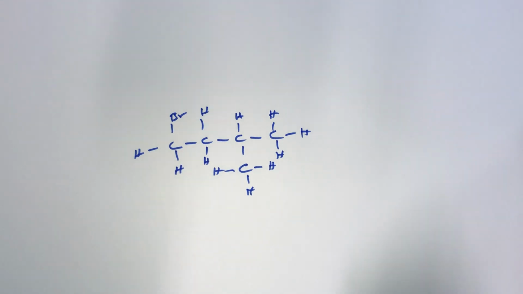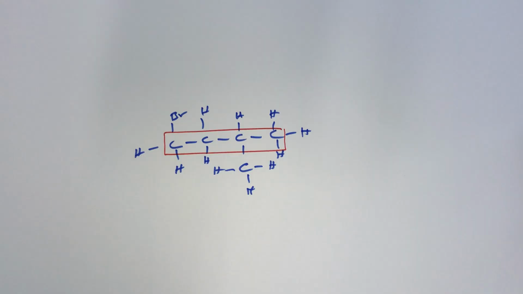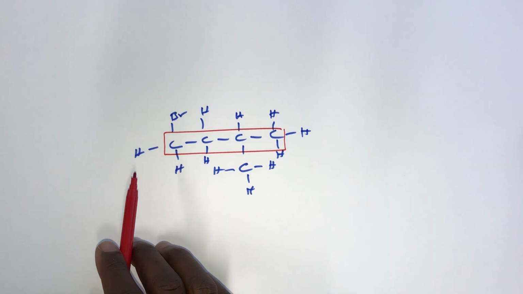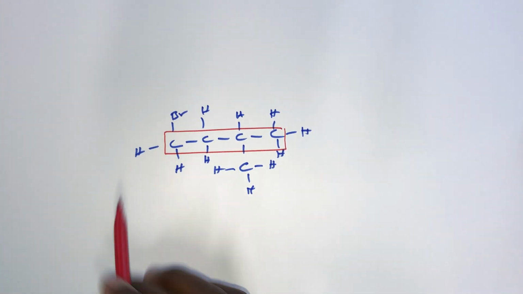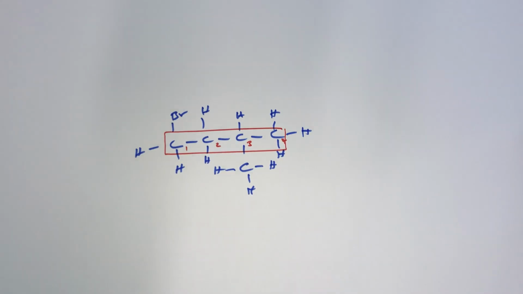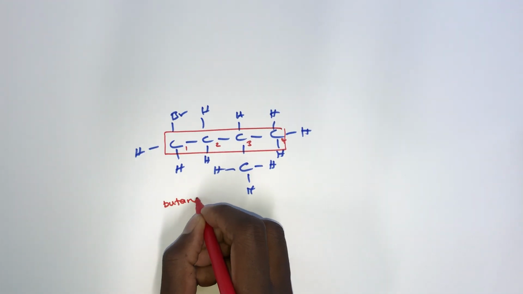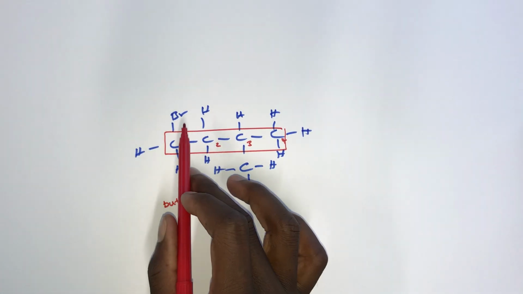So now we must circle the longest chain. This is the longest chain now. Since the bromine is in carbon atom number 1, that means we will start here: 1, 2, 3, 4. Since it's 4, that means we will say this is butane, because it's a single bond.